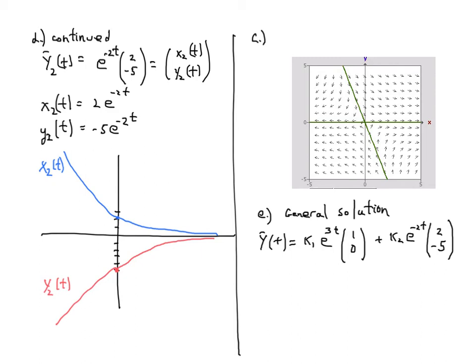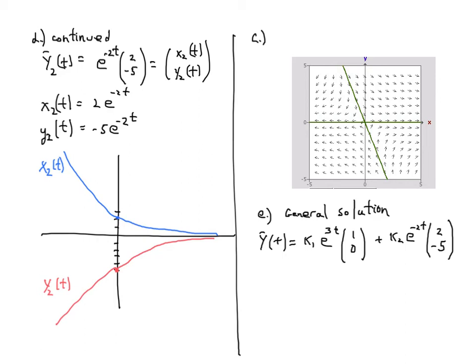My second straight line solution includes my second eigenvalue and its corresponding eigenvector. This gives us a vector-valued function of x2 of t and y2 of t. I can write them this way, and here are their graphs. They both decline, they both decay to 0 because they have an e to the minus 2t in them.